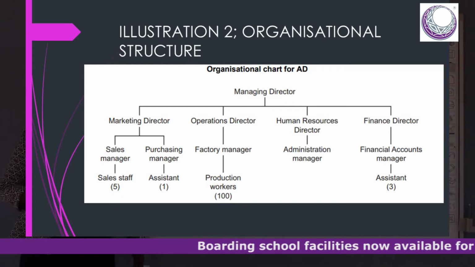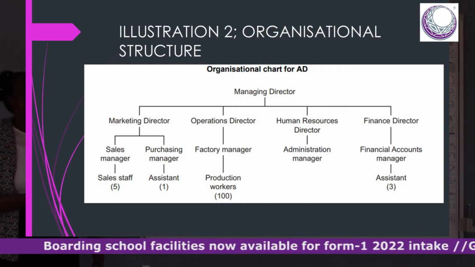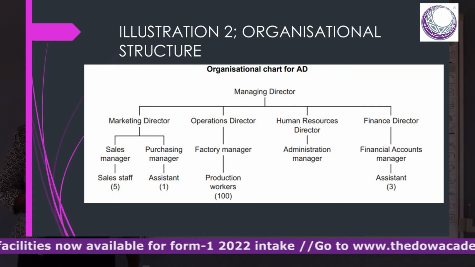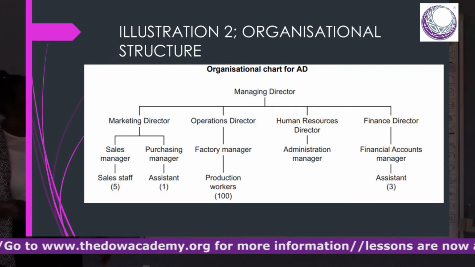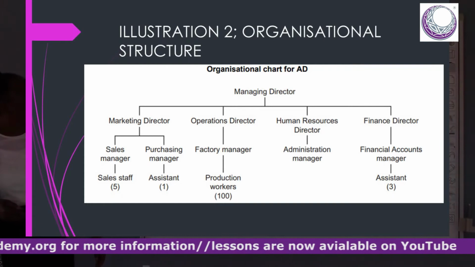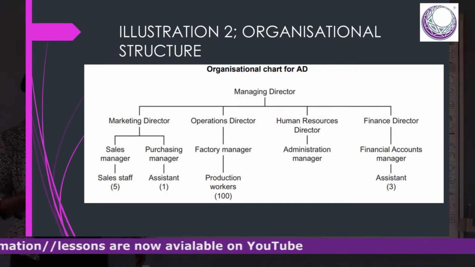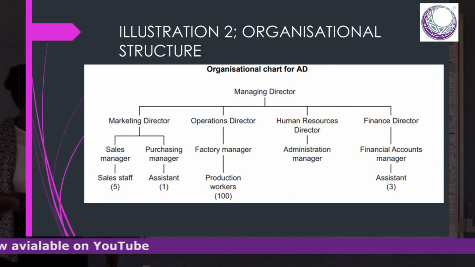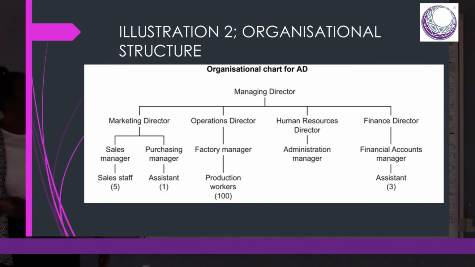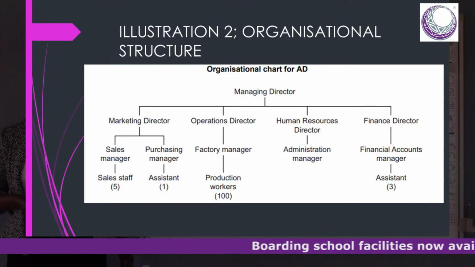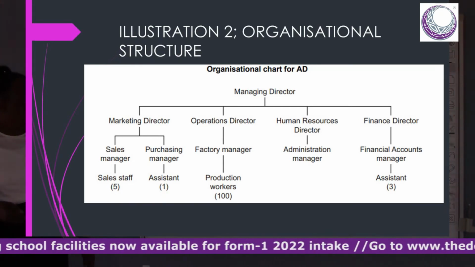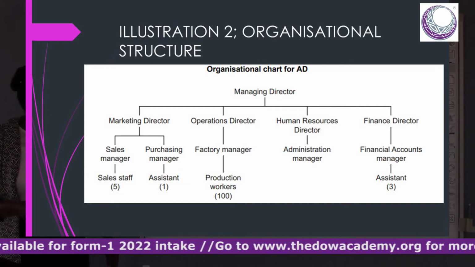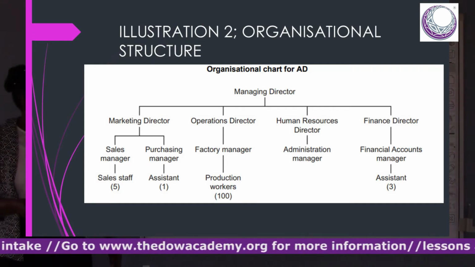Now, the next illustration is an organizational structure. As you can see, this is the organizational chart for a company. You can see that it has a managing director and 4 other directors for the 4 divisions. In most cases, this will tell you about hierarchical structures and communication channels.